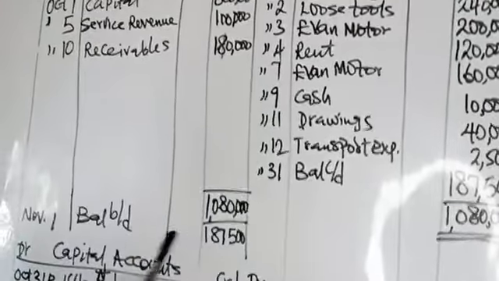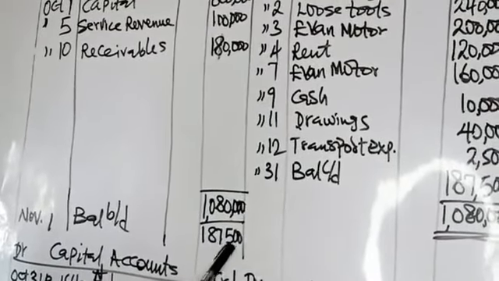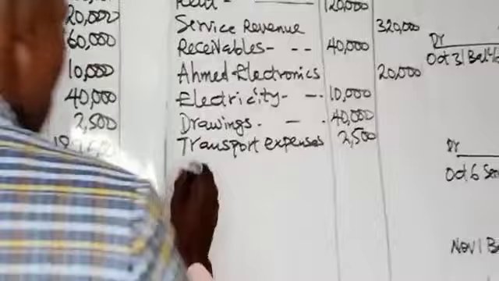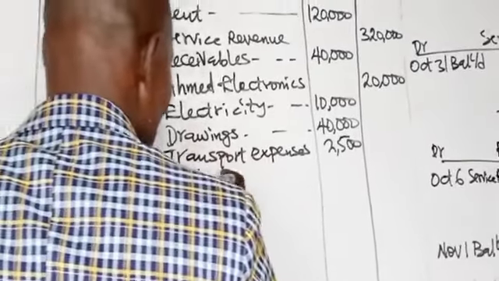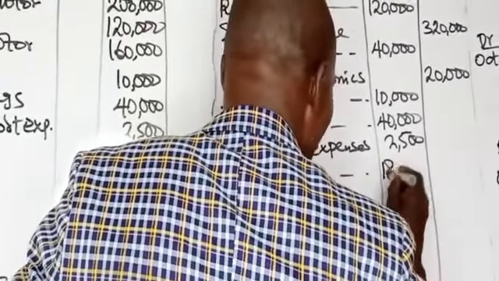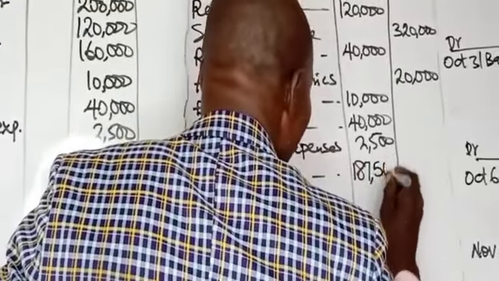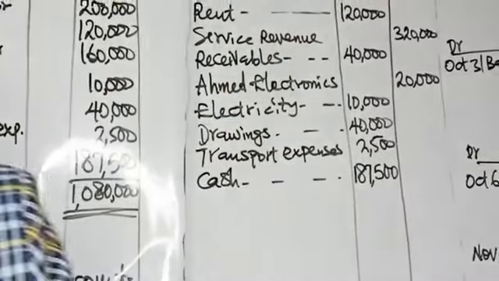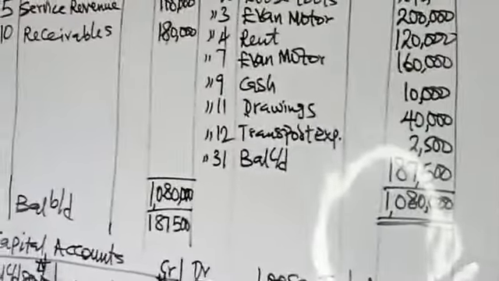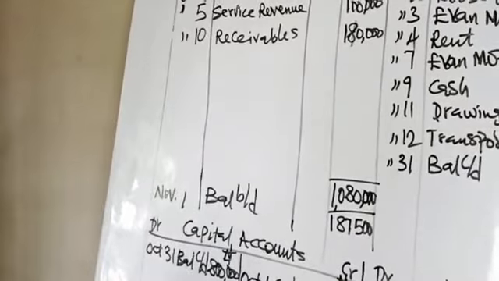We have cash book, which is a debit balance of 187,500 cash. Then we have capital, credit balance.